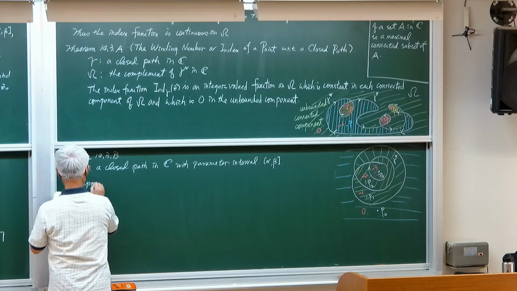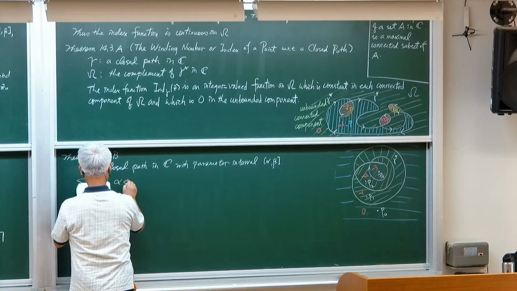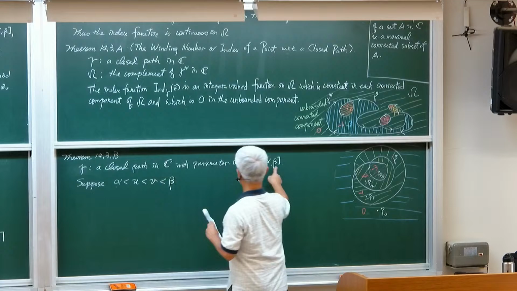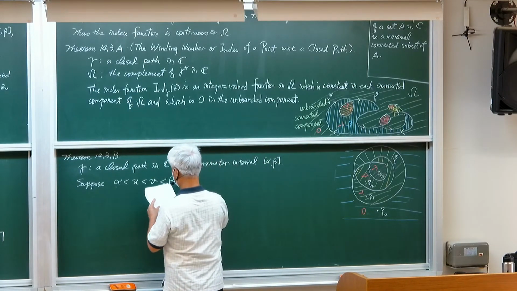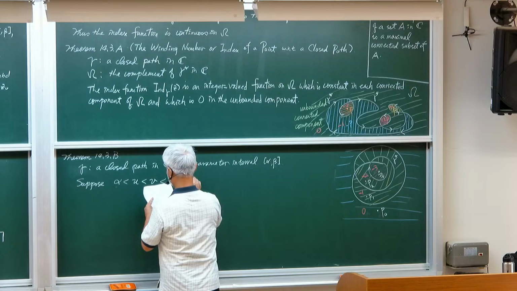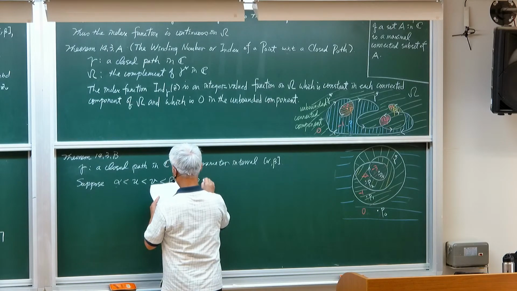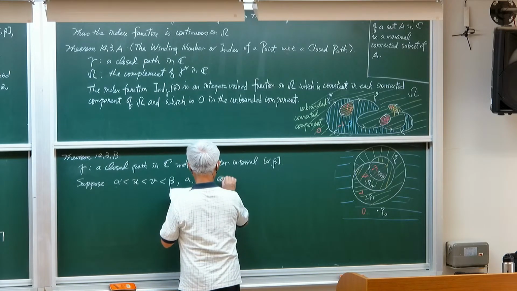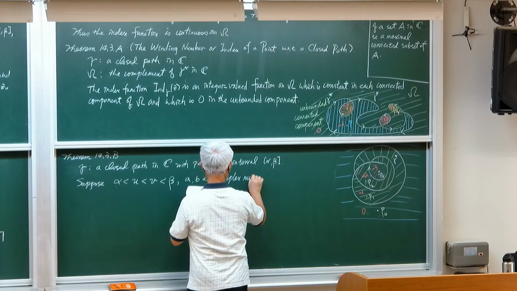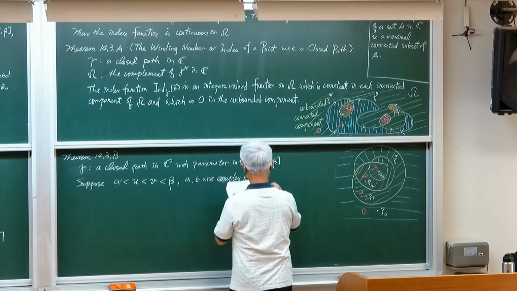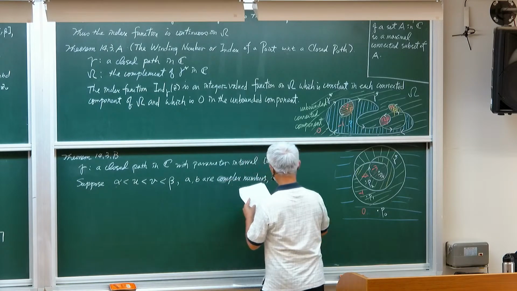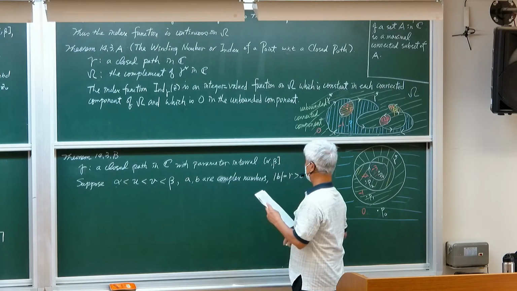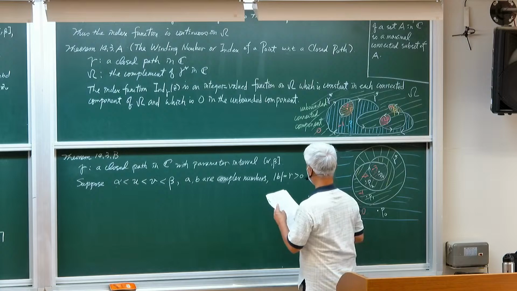Suppose we have u and v in between alpha and beta, and a, b are complex numbers, and the absolute value of b is r. Of course r has positive magnitude.